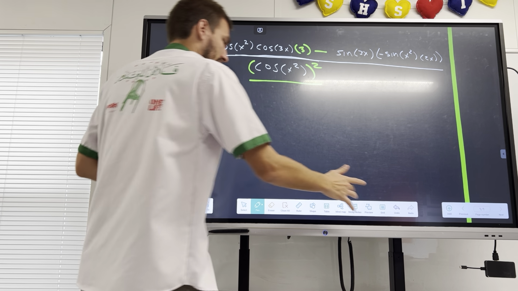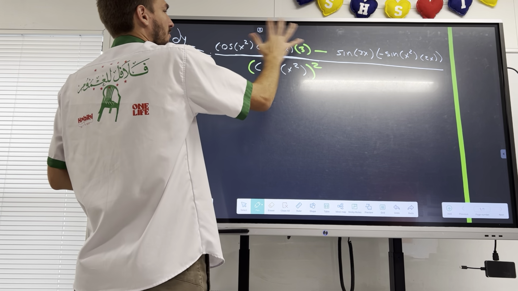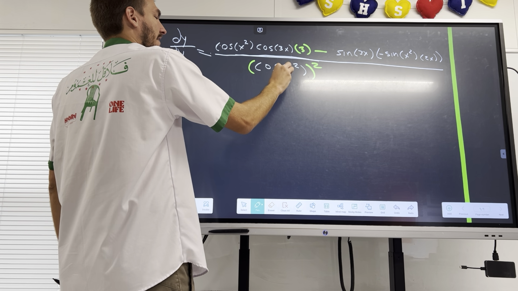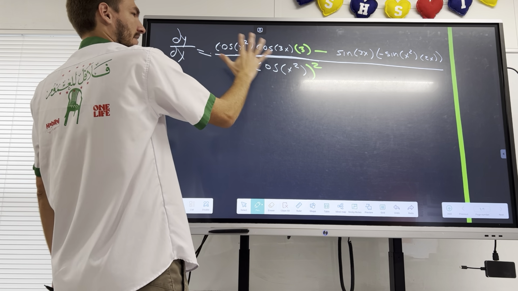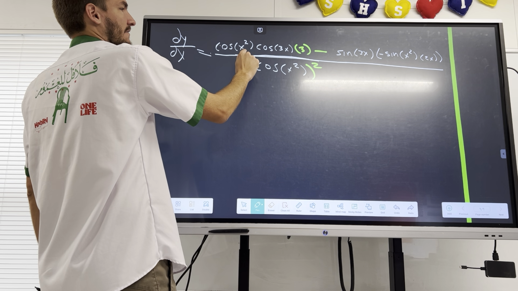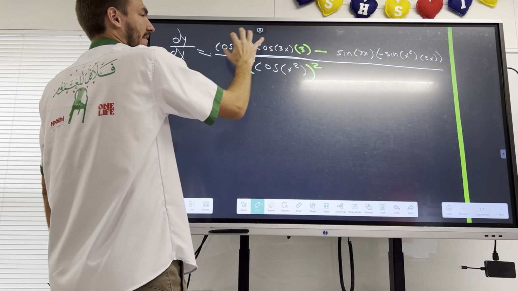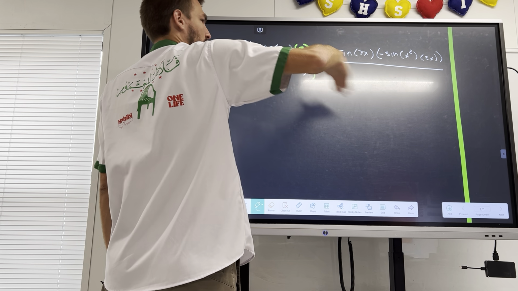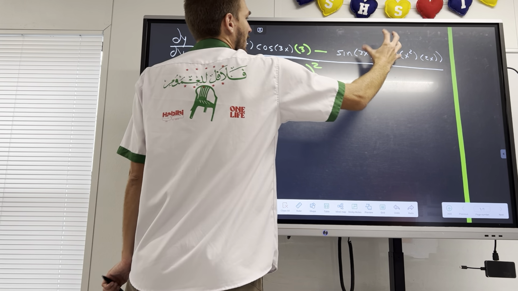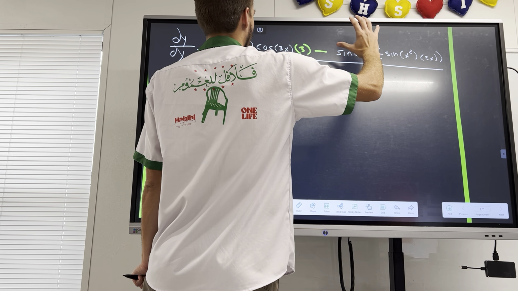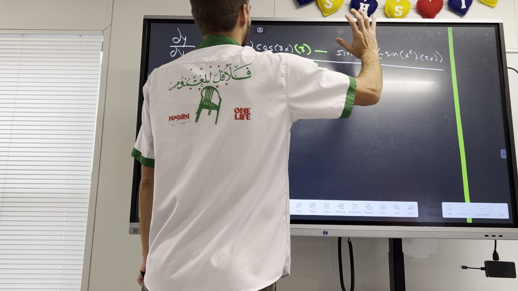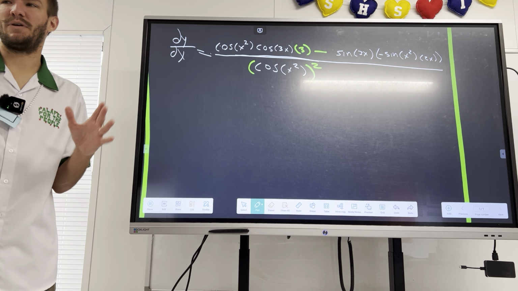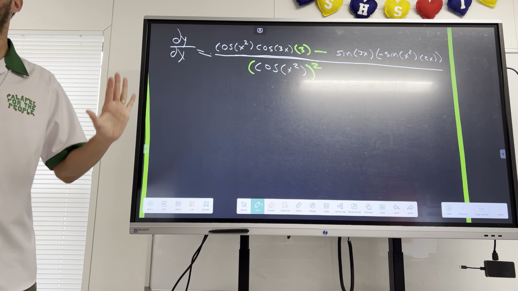And so in particular, I want to look at these two pieces and think, do they both have cosine of x squared? For example, this first left piece has cosine of x squared. If I can find that over here, they both have it, everybody has it, we can cross them out. But over here, I do not see any cosine of x squared. So I'm not thinking that we're gonna be doing any real big brain simplifications.